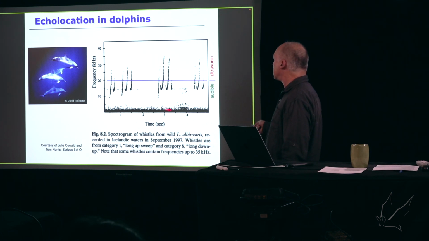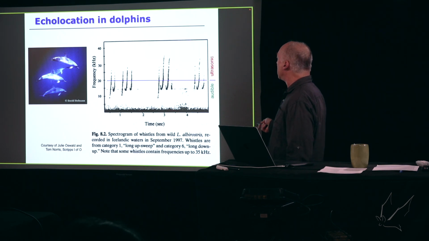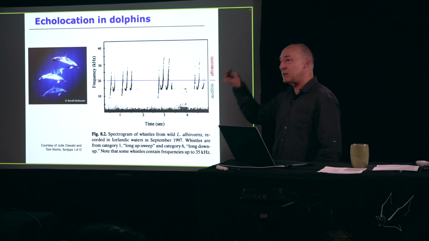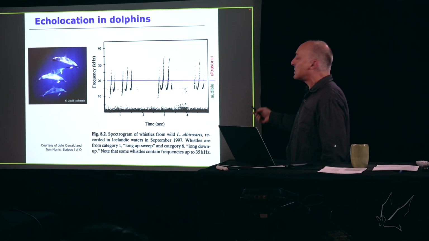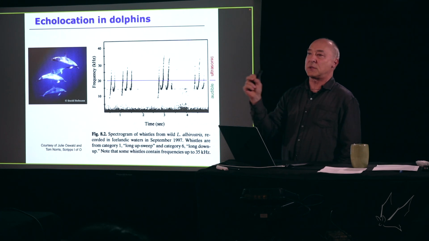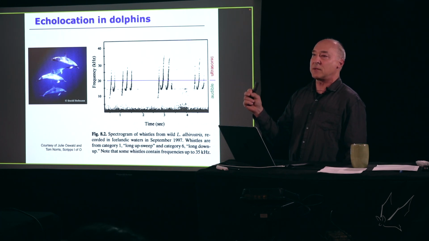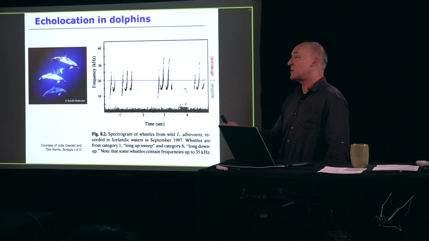And so here we see some cetacean clicks or pulses, and it's going down, and sweeps up. And the scale here is in kilohertz. The unit of a hertz is 1 oscillation per second. So kilohertz are 1,000 oscillations per second.